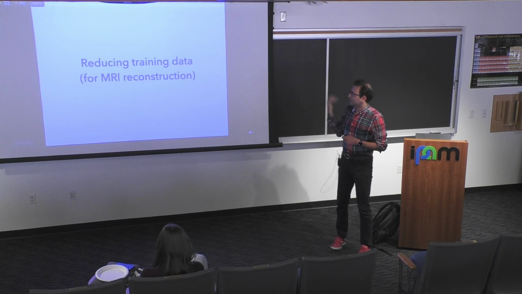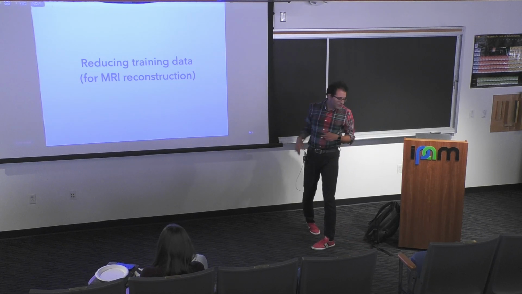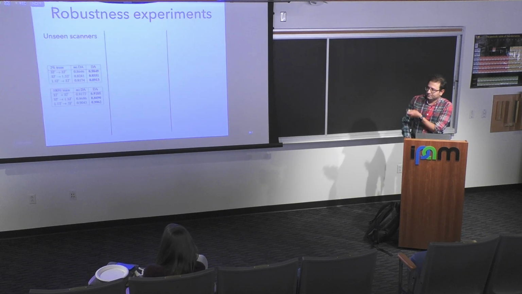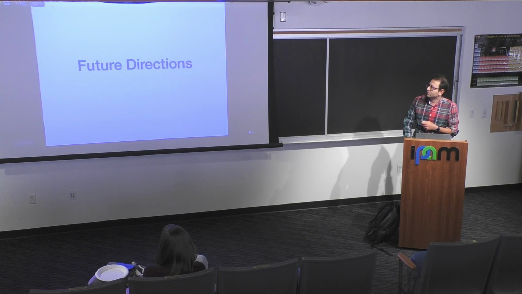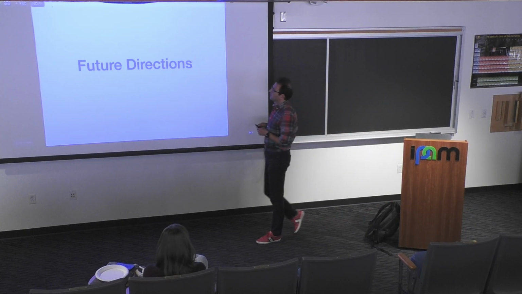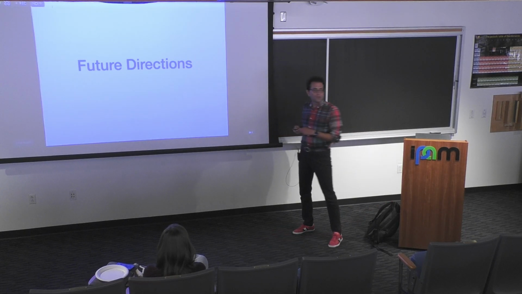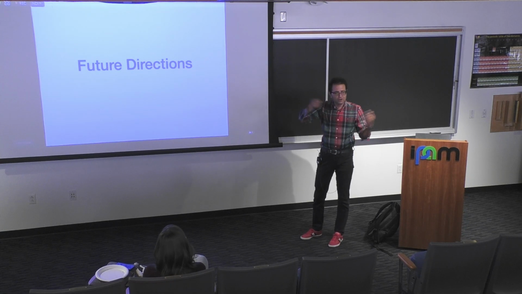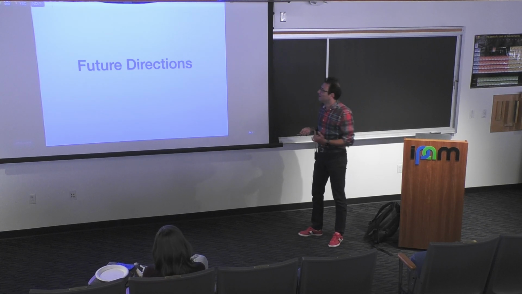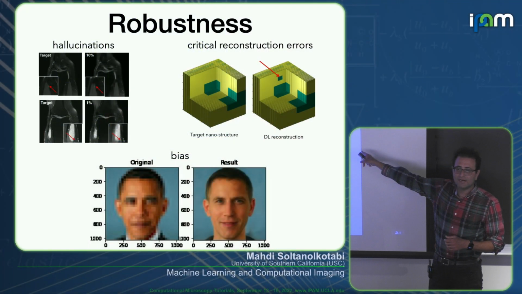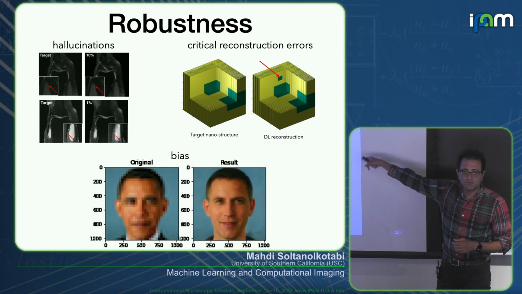I was going to tell you a little bit about how to reduce the data, but let me skip that and go directly to the challenges. We're happy to talk about some of these techniques as the program progresses. Some future directions: I think all of the challenges I mentioned were already future directions, but just to reiterate, robustness is a big issue in this space.